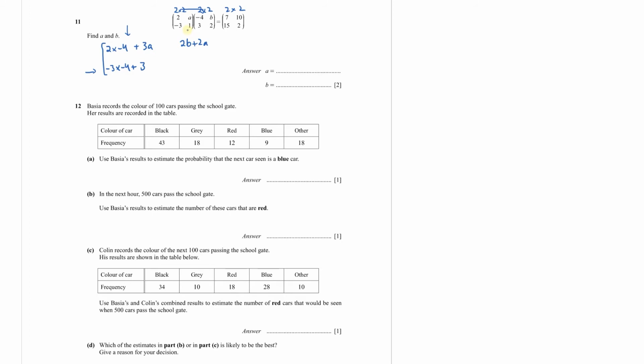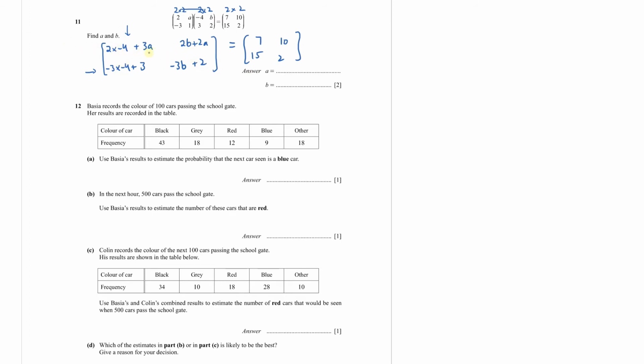The last one is second row and second column, which will be minus 3b plus 2. You know the answer after multiplication should be 7, 10, 15, and 2. You can see that minus 4 times minus 3 is plus 12, plus 3 is 15. So this is correct. Now we need to find the values of a and b.